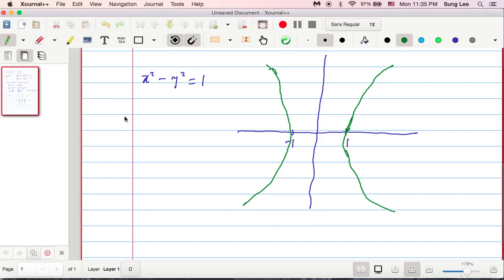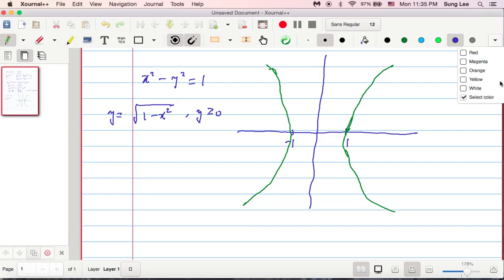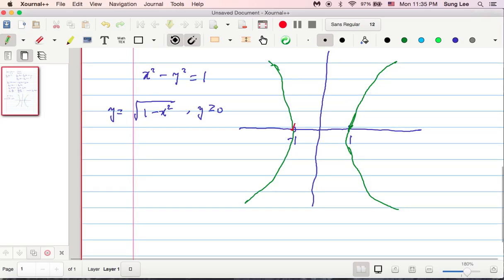But y equals square root of 1 minus x squared is a part of this hyperbola when y is greater than or equal to 0. So we are talking about only the part above the x-axis, only this portion.